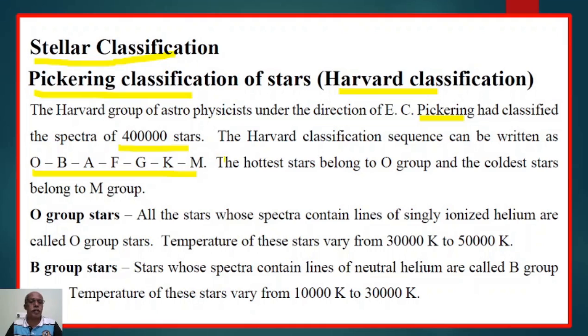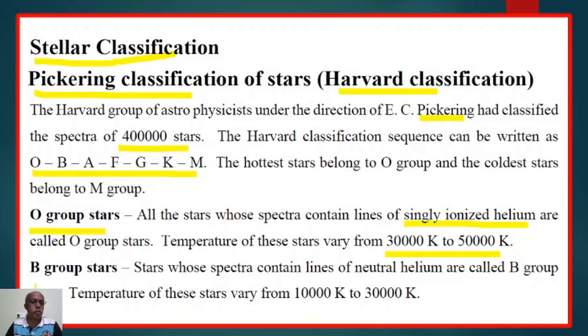Now let us study this sequence of stars one by one in detail. O group stars are the stars whose spectra consist of lines of singly ionized helium atoms. The temperature of these stars varies from 30,000 Kelvin to 50,000 Kelvin.